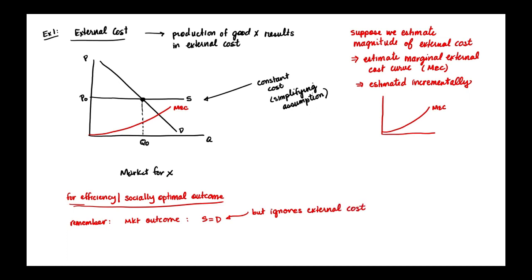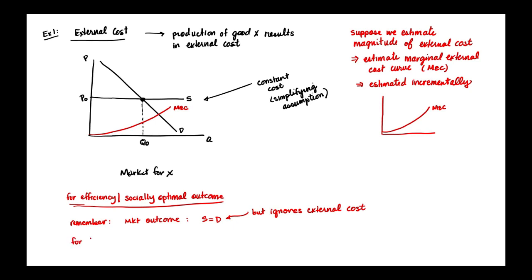So it can't be efficient, right? Everyone agree? So the market outcome is generated by supply equals demand. And if there was no externality present, we'd be done, right? This would also be efficient. But in this case, we know we have an external cost.